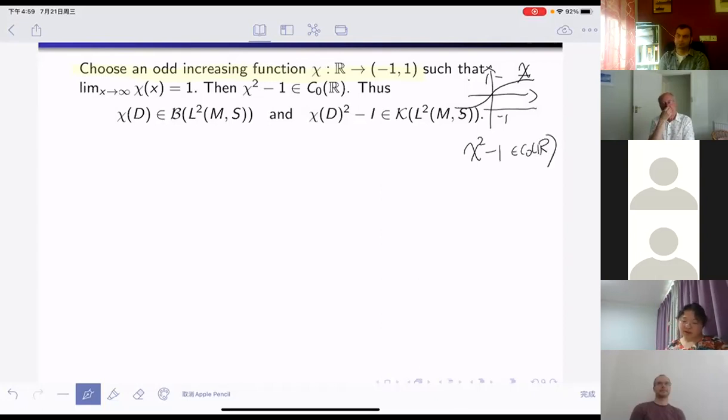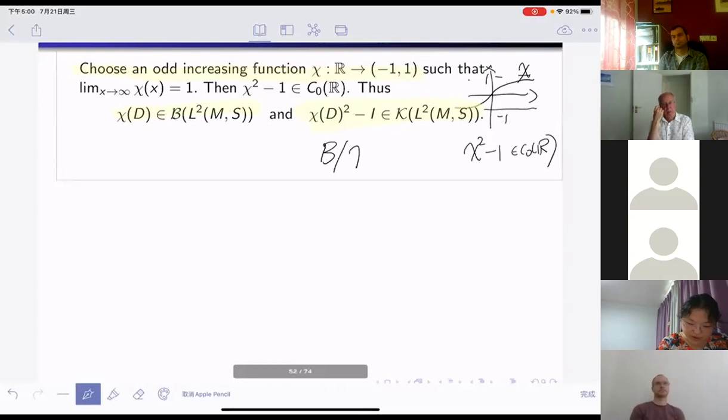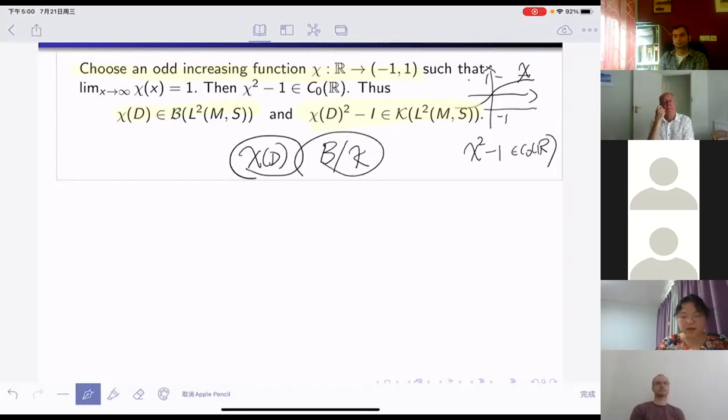Applying functional calculus to D, one can show that the operator chi(D) squared minus identity is compact, while chi(D) is bounded. This means chi(D) is a unitary, an invertible operator inside the quotient known as the Calkin algebra. So this chi(D) is invertible in this quotient.